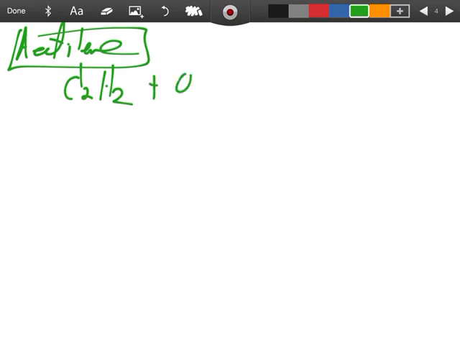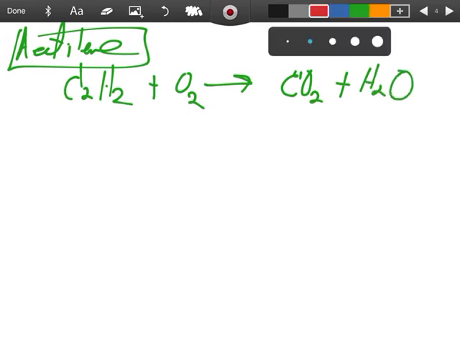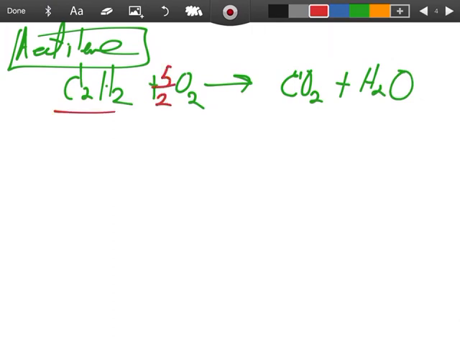And you can burn it, right? If you're performing a combustion, we know that it's going to release CO2 plus H2O. The problem is that this reaction is not balanced, so let's go and balance it. You will need 5/2 of oxygen to burn 1 mole of C2H2, releasing 2 moles of CO2 and 1 mole of H2O.